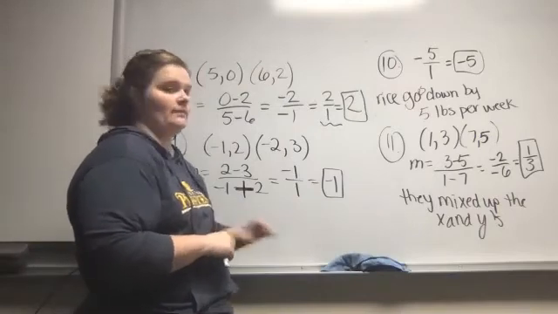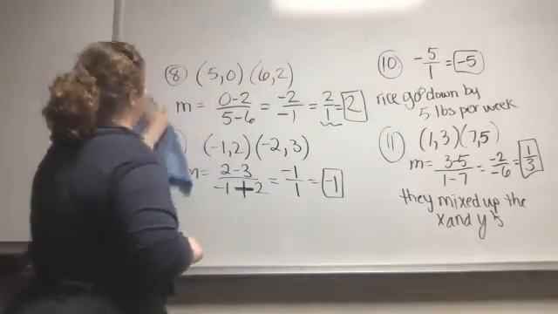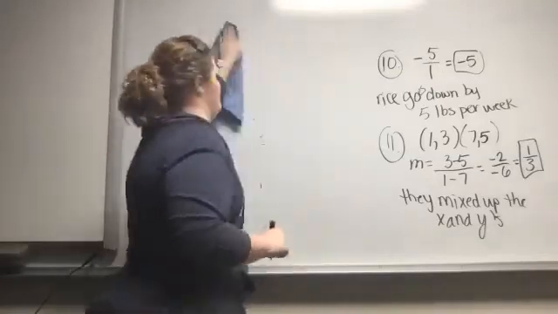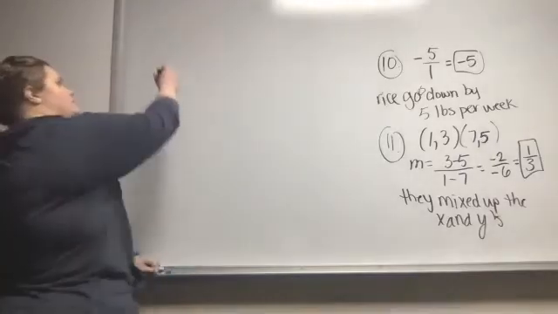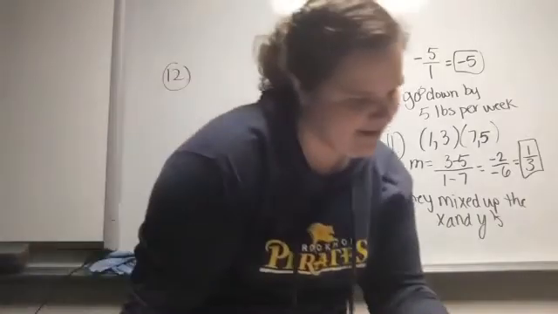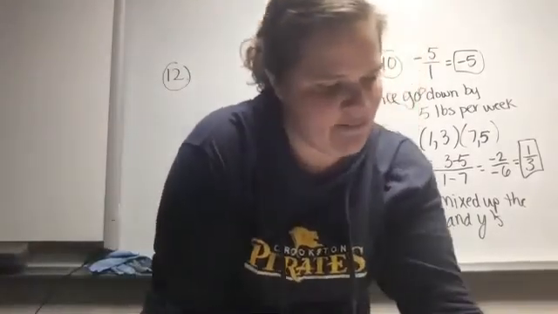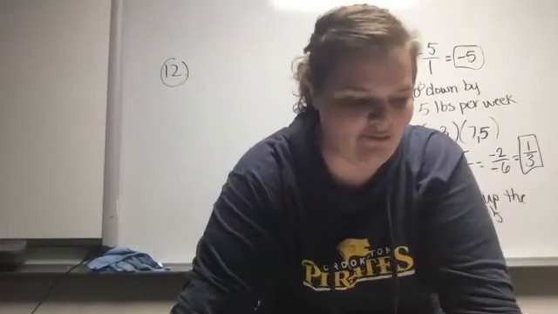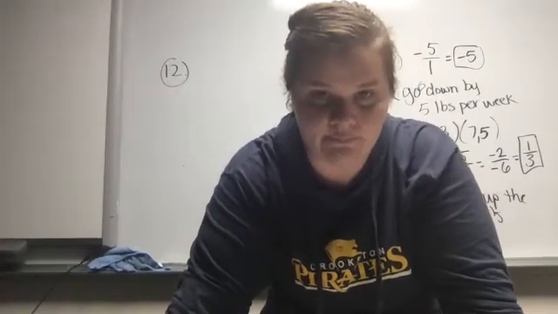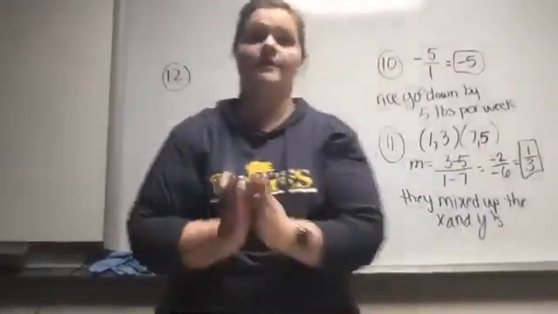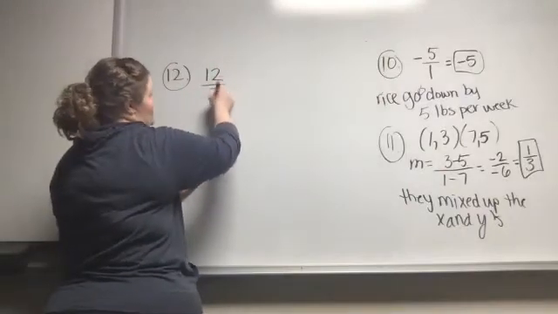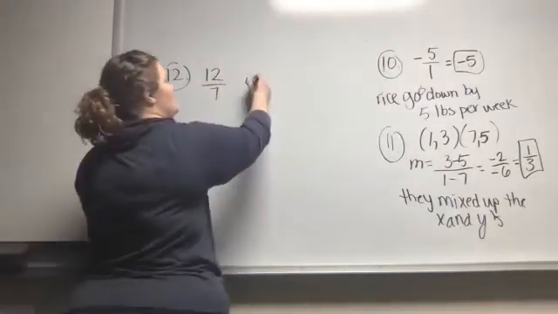Okay. Number 12. It says, which roof is steeper? A roof with a rise of 12 and a run of 7, or a roof with a rise of 8 and a run of 4? Okay. Well, if we think rise over run, so the first one is 12 over 7 or 8 over 4.